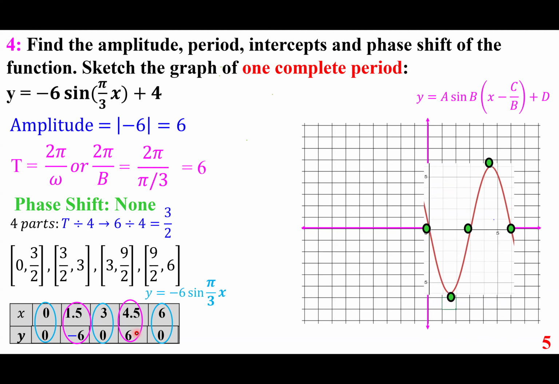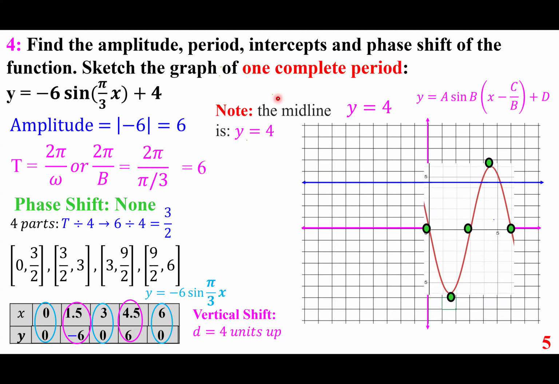However, this is not the function. The function is this one, plus 4. That means there is a vertical shift. And so we move it up by 4 units. y equals 4 has the name, by the way, the midline as well. And so basically you move it up by 4. So what happens is that now all of this corresponds to 4 more.